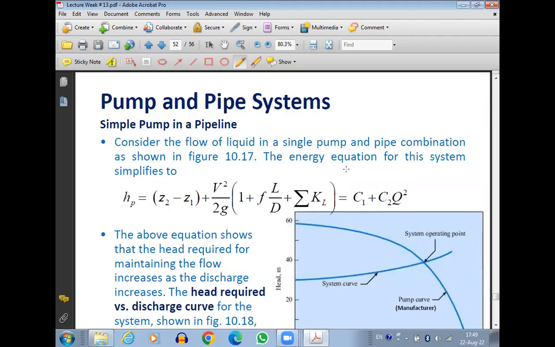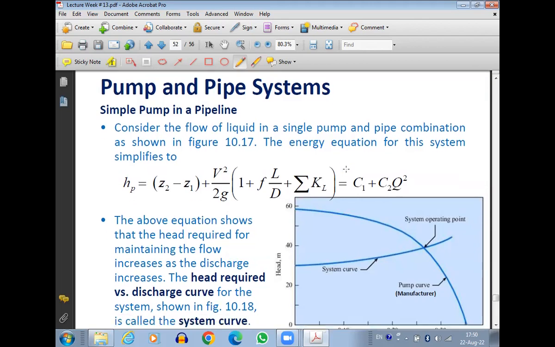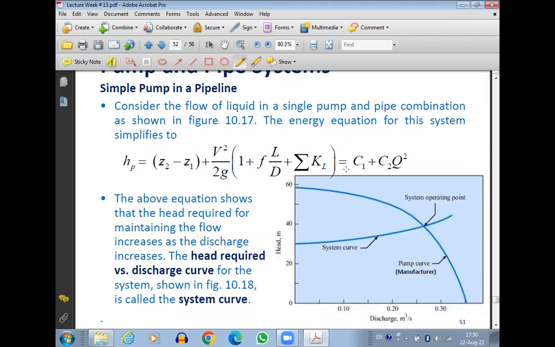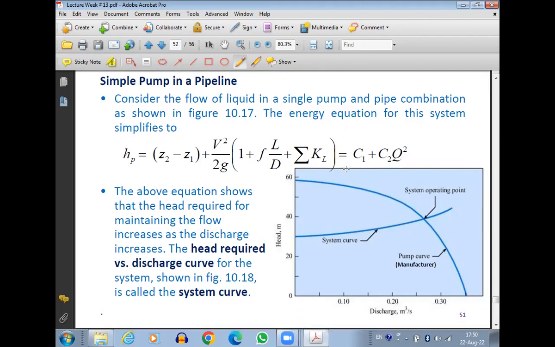The last topic is about the pump and the pipe systems. The selection of a pump is a comparatively complicated problem. Suppose you have a piping system, so a specific system curve is generated, and that system curve tells how much head is needed for a specific discharge.